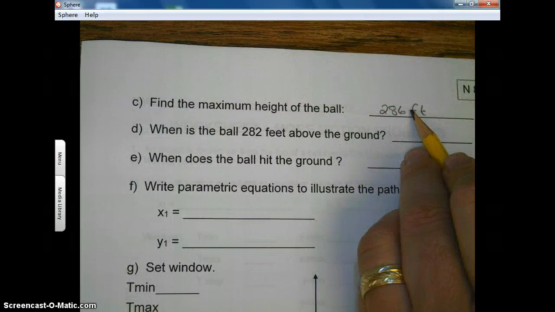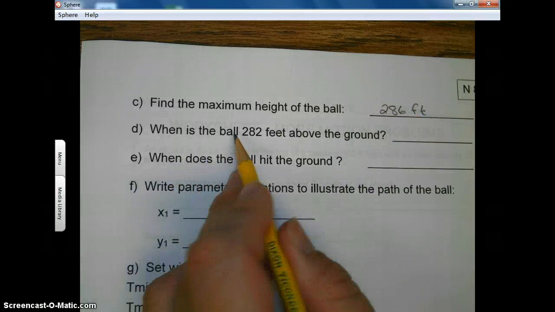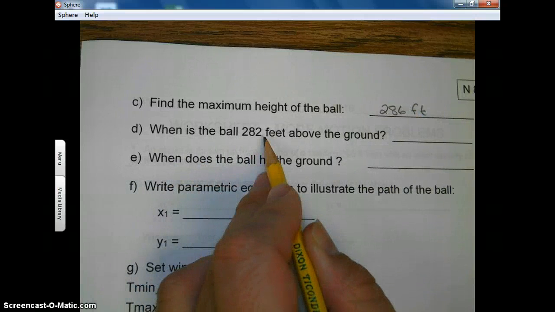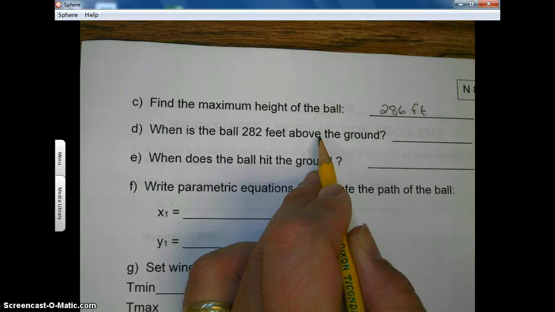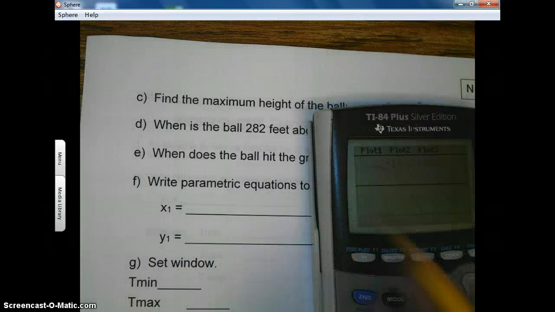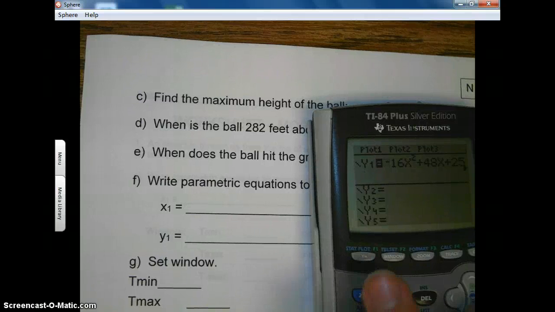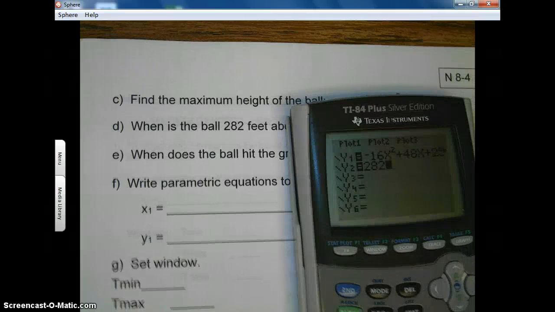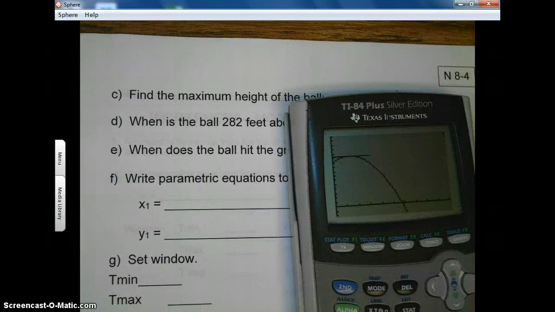Okay. Now it says, when is the ball 282 feet above the ground? Well, using our calculator, we go to y equals. We want the height to be 282. Graph it.